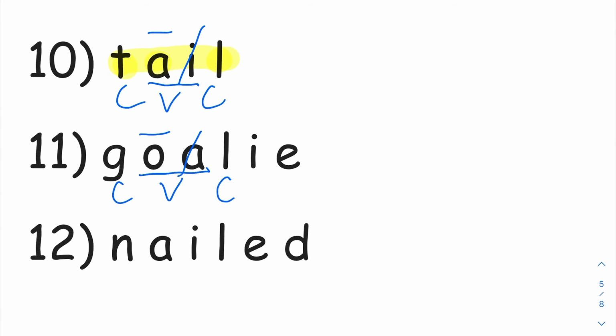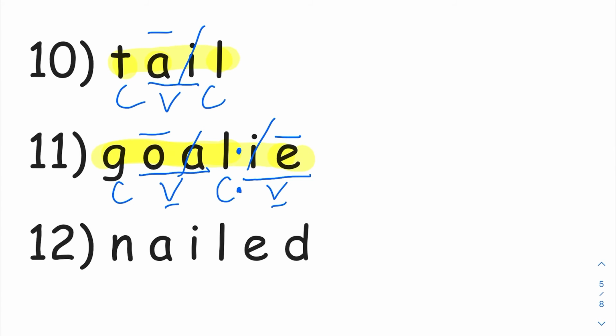Consonant, vowel, consonant. And here we have our long E sound. We have to divide into two syllables to kind of have that long E, goalie.